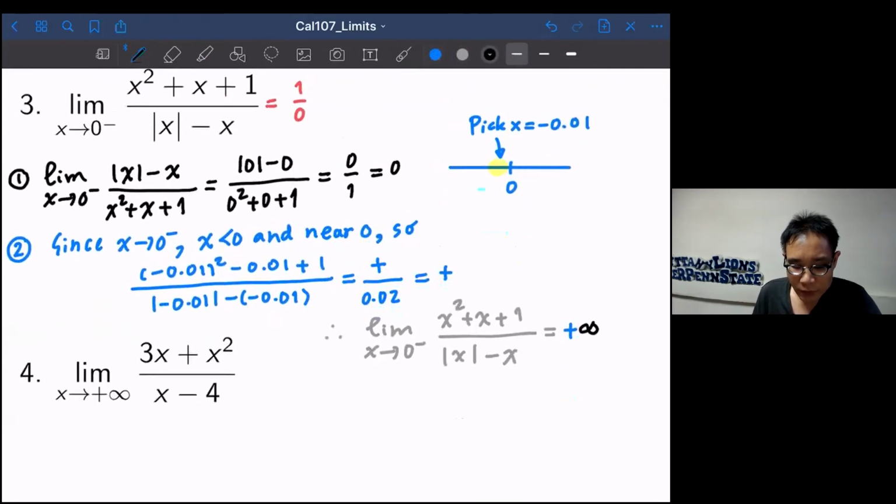The next one, you have limit as x goes to positive infinity of 3x plus x squared over x minus 4. Okay, so you have 3x plus x squared over x minus 4. And you see on top, when you plug in, it's going to turn out to be infinity. On the bottom, you plug in, you also get infinity.